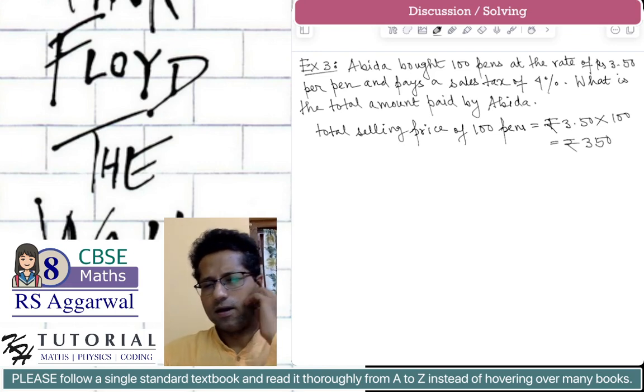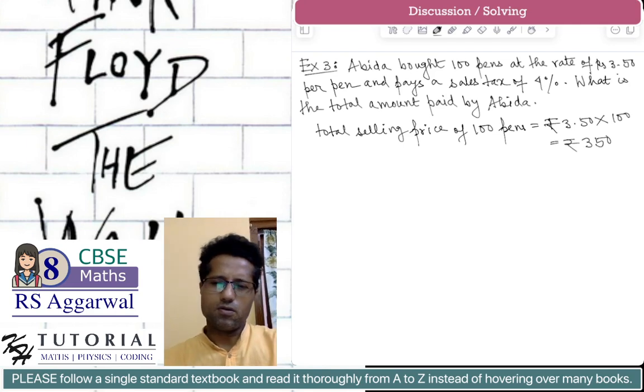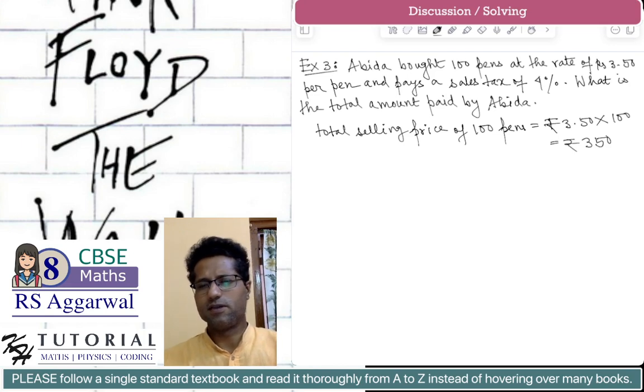So as per the rate of cost per pen, the total cost of 100 pens is rupees 350. You can consider it as the selling price of 100 pens is 350.